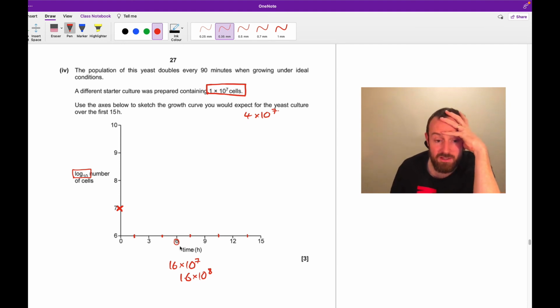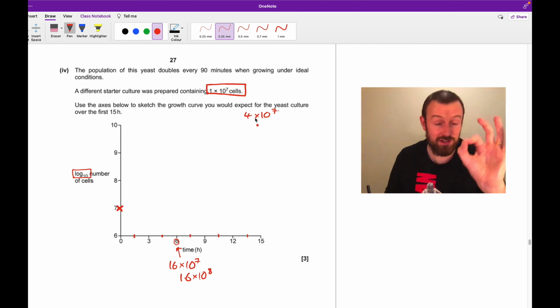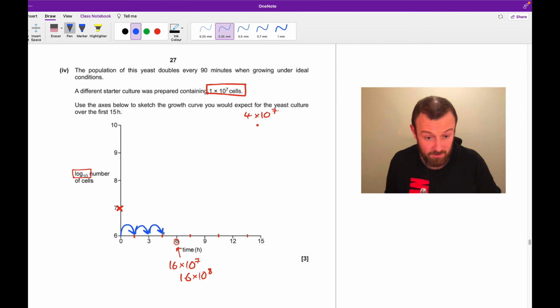We keep going, so that's there. We basically just have to brute force it. You keep going, and you work out what it is finally at 15. And it turns out it's about here. So you enter 1 times 10 to the 7. You have to trust me on this. And then you do times 2 once, times 2 again, and again, and again.